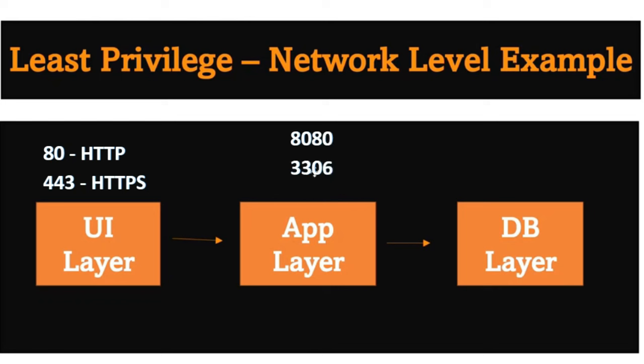And then for app layer, there is 8080 for system management, and then for the database layer, for connection with the database layer, I'm going to open 3306, say my database is MySQL. And then for the database, I'm going to open only 3306 MySQL port for secure communication with the app layer. So that's how I will keep the firewall rules limited.